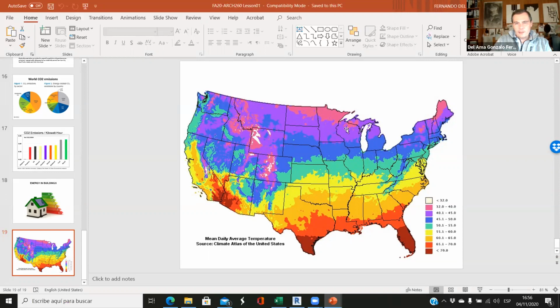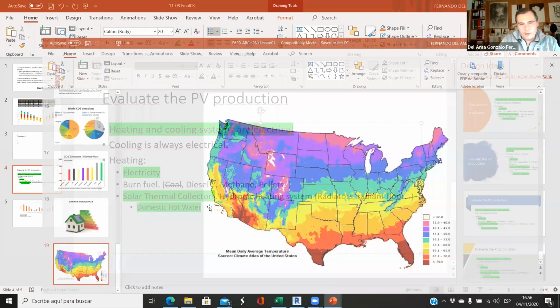In the blue areas, it's not an option. So I'm sure that there is a market for these kind of panels in the United States, not in New England. But in Florida, California, Texas, all that stuff, we might have a market. Anyway, we're going to use this for domestic hot water.